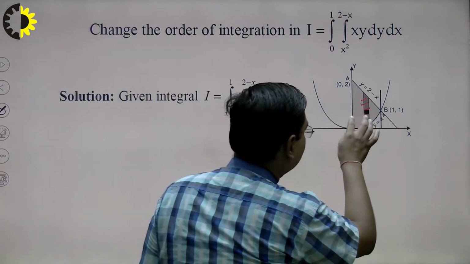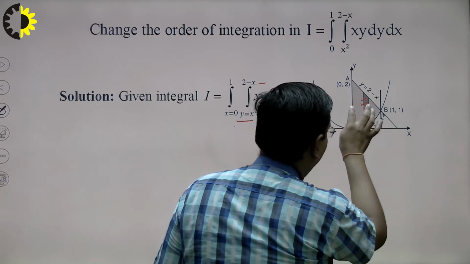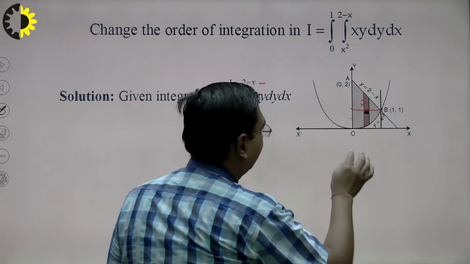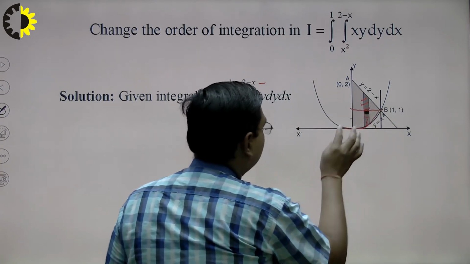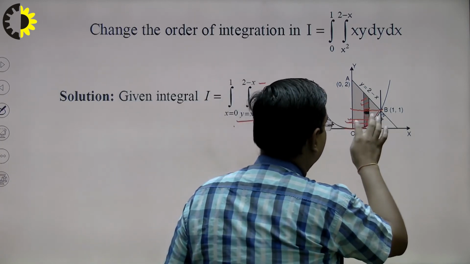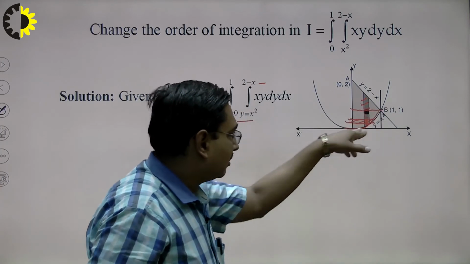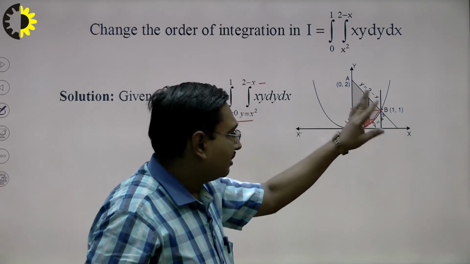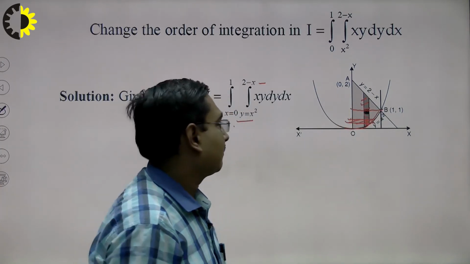In horizontal slicing, again we observe that this part of the region, the right boundary, is given by the curve y equal to x square.